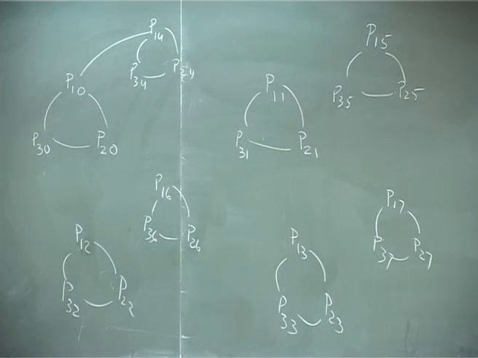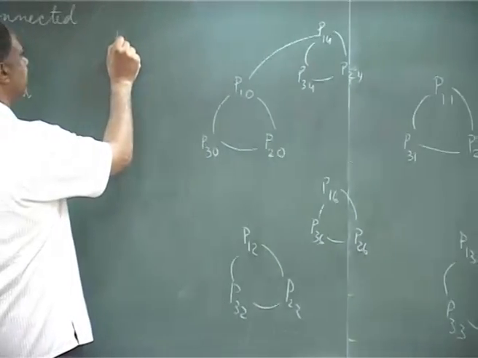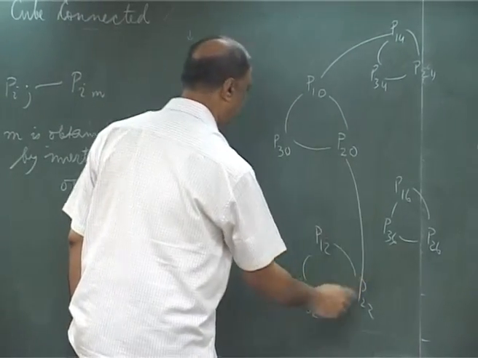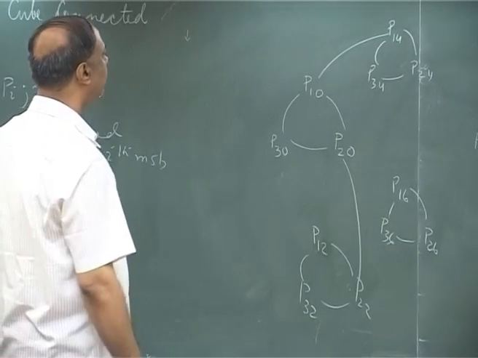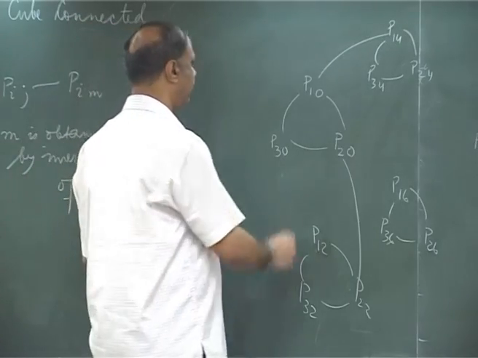P20 is connected with, you will be changing the second one, P22, and P30 is connected with P31.